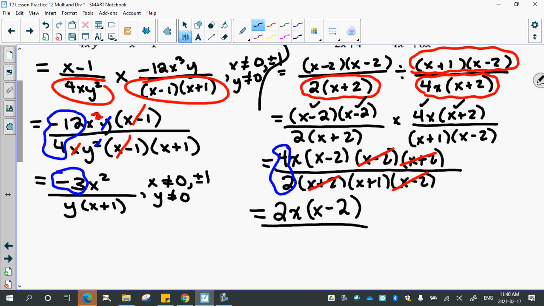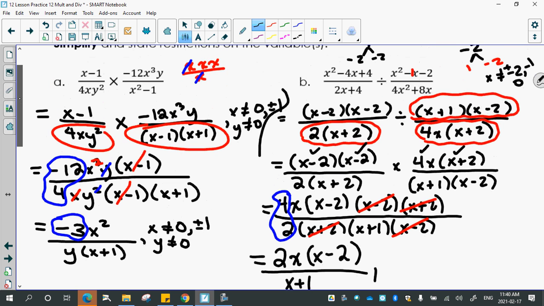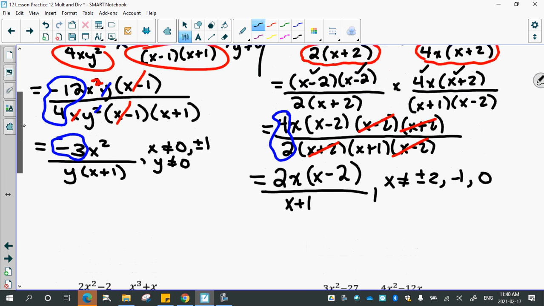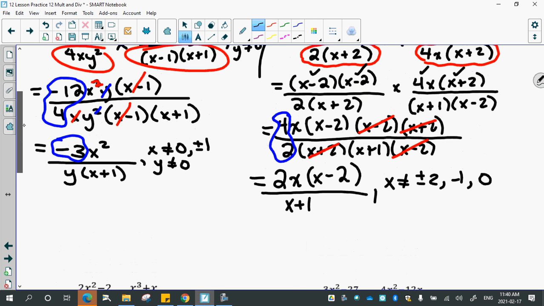And then in the bottom, I'm just going to have x plus 1. And then I have to list all those restrictions I found way back up at the top, which were that x couldn't equal plus or minus 2, -1 or 0. Okay, so there's my final answer. Simplified factored form.